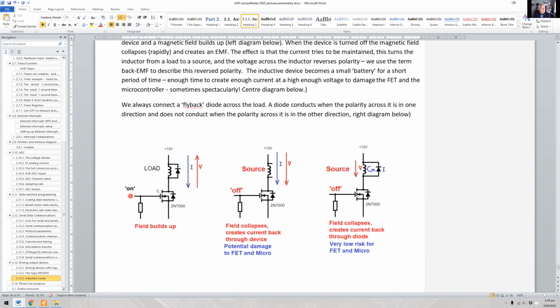So as our microcontroller is on and our load is turned on, then the current will flow in this direction. And because this is a load, the voltage polarity across a load is in this direction. So this is positive and this is negative comparatively, okay, in terms of voltage. So that's fine.